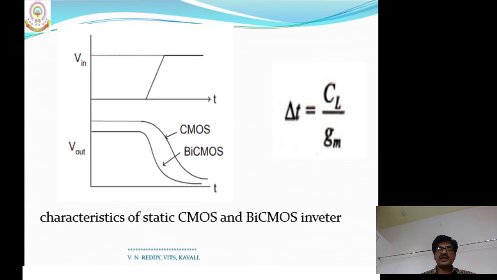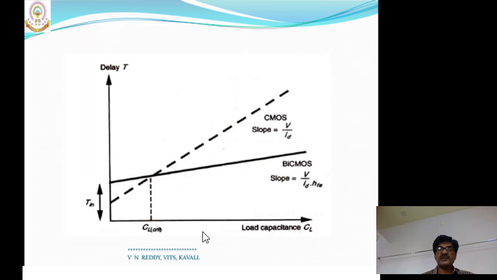Now also see the characteristic curves with reference to BiCMOS and CMOS inverters. These are the characteristics represented here. The upper one is the characteristic of the CMOS inverter, whereas the lower curve represents the characteristic of the BiCMOS inverter. And this is the diagram comparing the delays of CMOS and BiCMOS with reference to load capacitance.